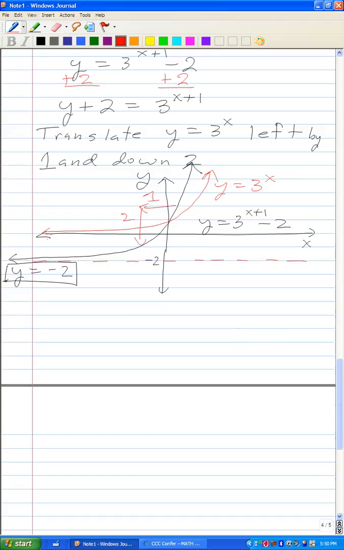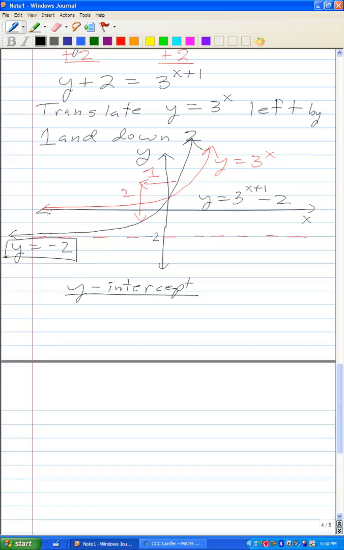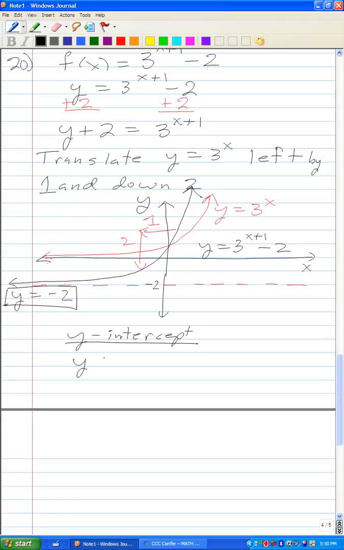And so let's determine the y-intercept. Replace x by 0. Let's see what happens.